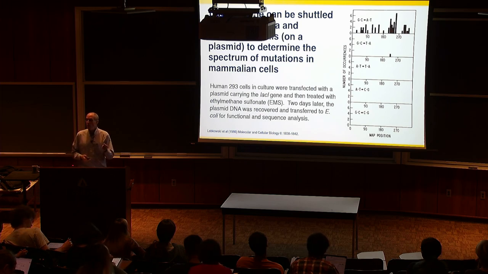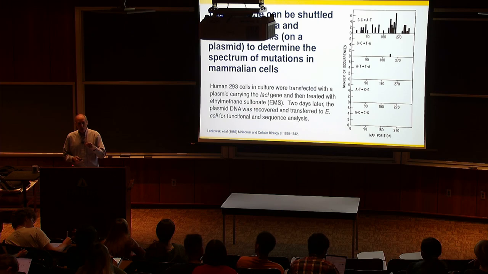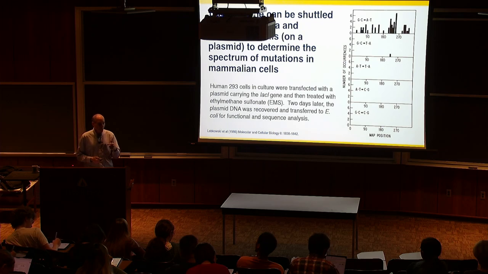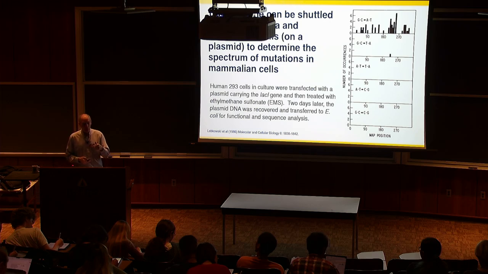So just to give you a little detail here, the E. coli recipient has no wild type repressor gene. So it needs to get the repressor gene from the plasmid. And the repressor gene from the plasmid can either be wild type functioning or mutant non-functioning. And if it's non-functional, then that E. coli will turn the X-gal blue. And so you can see which colony it is and you can sequence it.